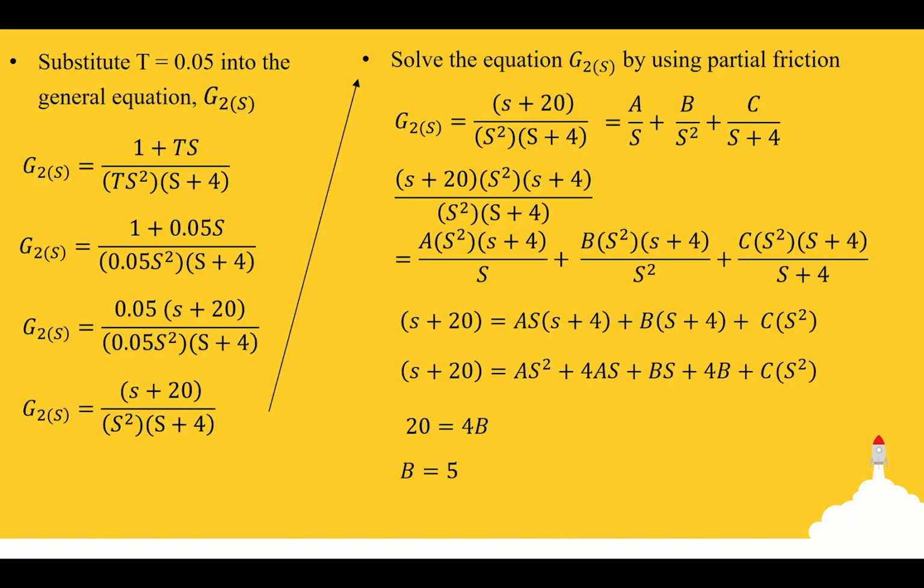There we substitute T, which is 0.05, into the general equation of function number 2, and we factorize it into partial fractions. We solve function number 2 using partial fractions, where we break it into 3, which are A, B, and C.